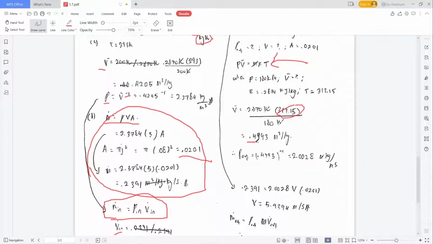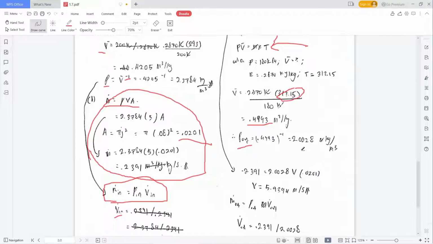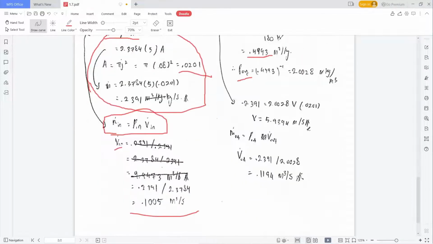So we'll get 0.4993 meter cube per kg. So that is the specific volume. Now we can get the density. We'll get 2.0028 kg per meter cube.